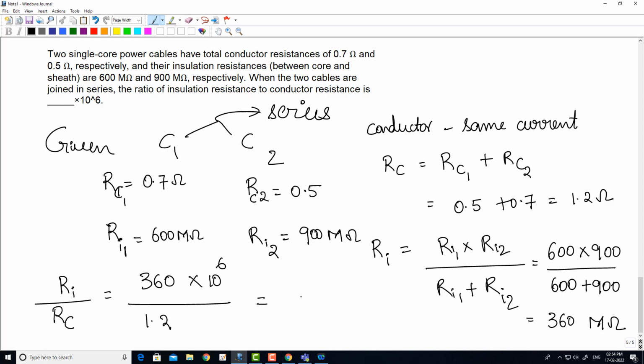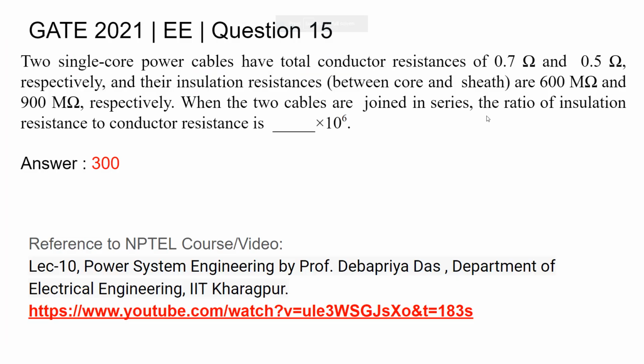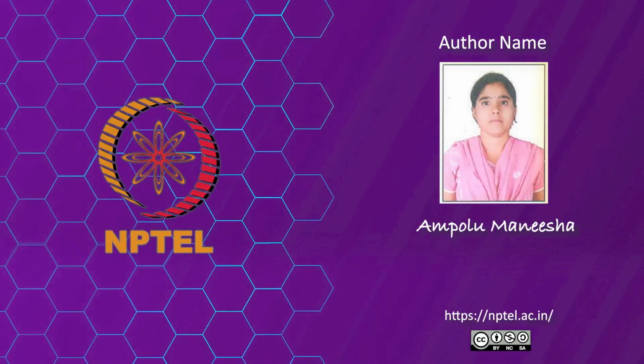So if we simplify, we will get 300 mega ohms. So the ratio of insulation resistance to conductor resistance is 300 into 10 power 6. Thank you.